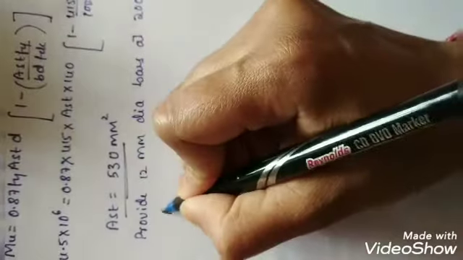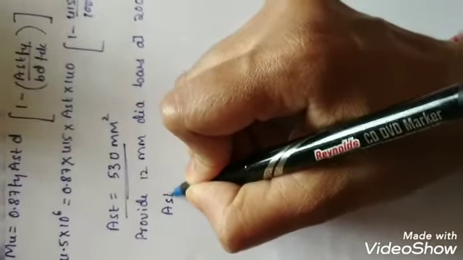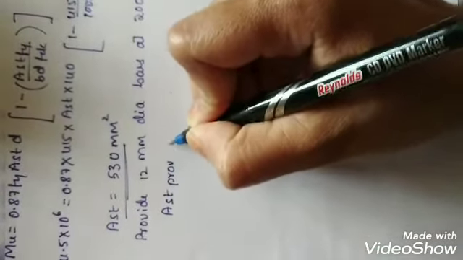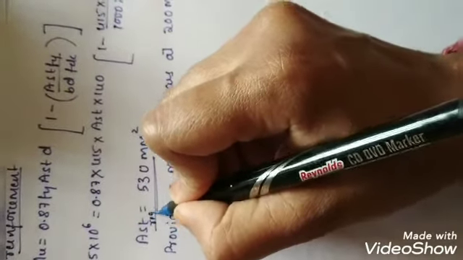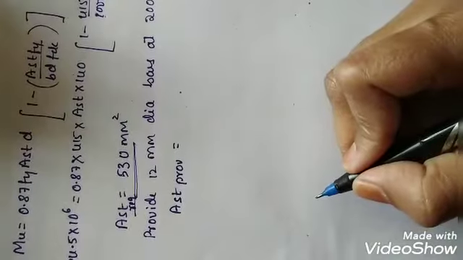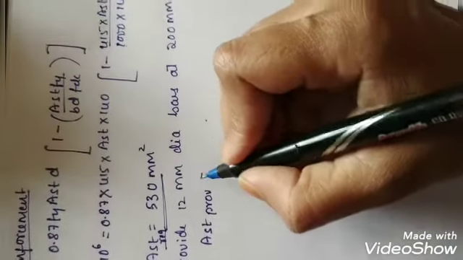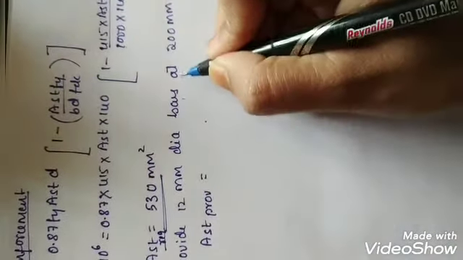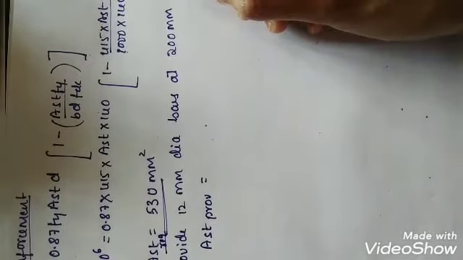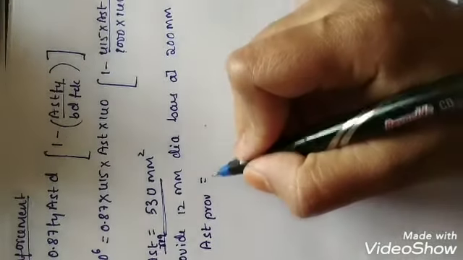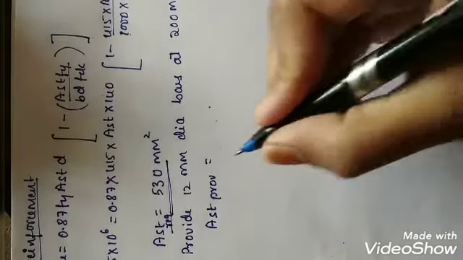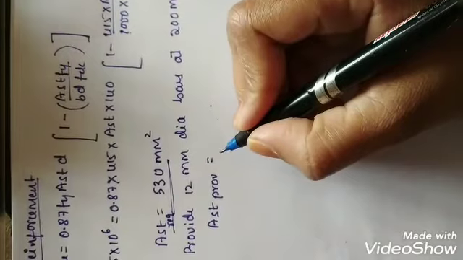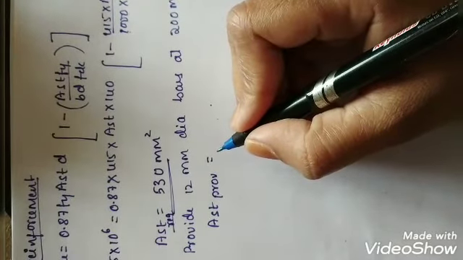So what I will do, I will calculate Ast provided. Ast required is this value, so we need this amount of steel. And how much we have provided, let us check. 12 mm diameter we have provided and 200 mm centers we have given. For the calculation of Ast provided, initially we need to calculate each bar area.